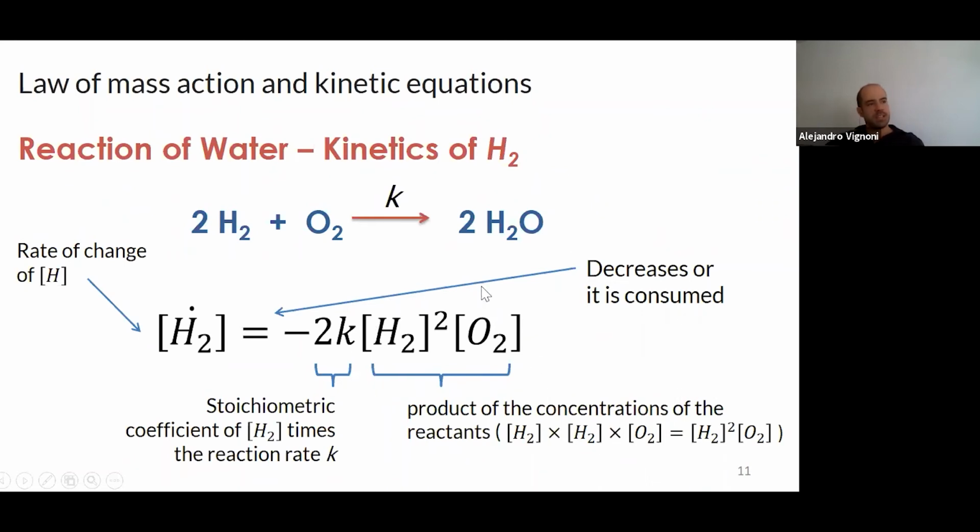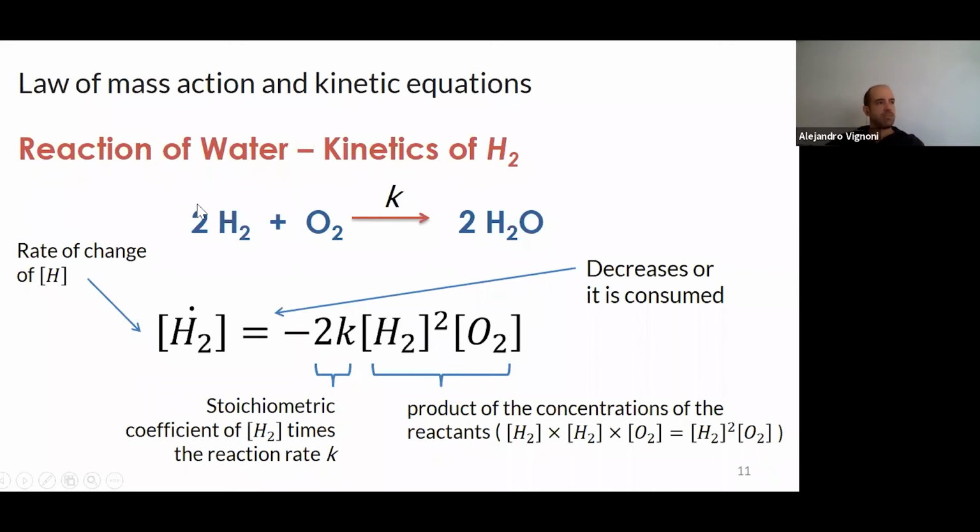First, this rate is proportional to the product of the concentrations of all the reactants. In this case, we have 2 times hydrogen and oxygen, so it's hydrogen, hydrogen, oxygen, which gives us this term, okay? Then the rate is proportional to the reaction rate, which tells us the speed at which this reaction is happening.